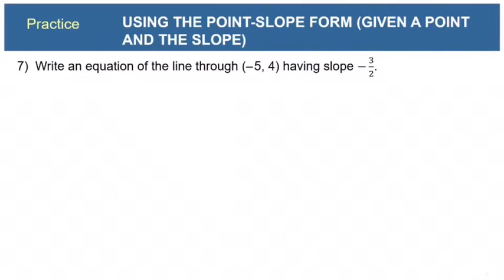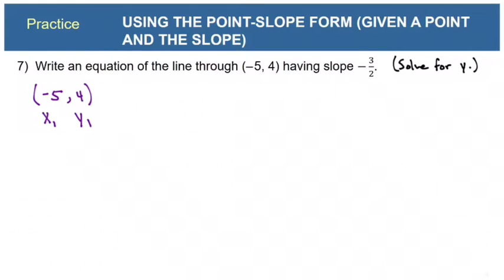Now here is a homework problem that I wanted to go through with you. This one says write the equation of a line through -5, 4 having slope -3/2. Because it starts out saying write the equation of a line, we know that we're going to need the point-slope formula. So let's go ahead and identify the information that they gave us.